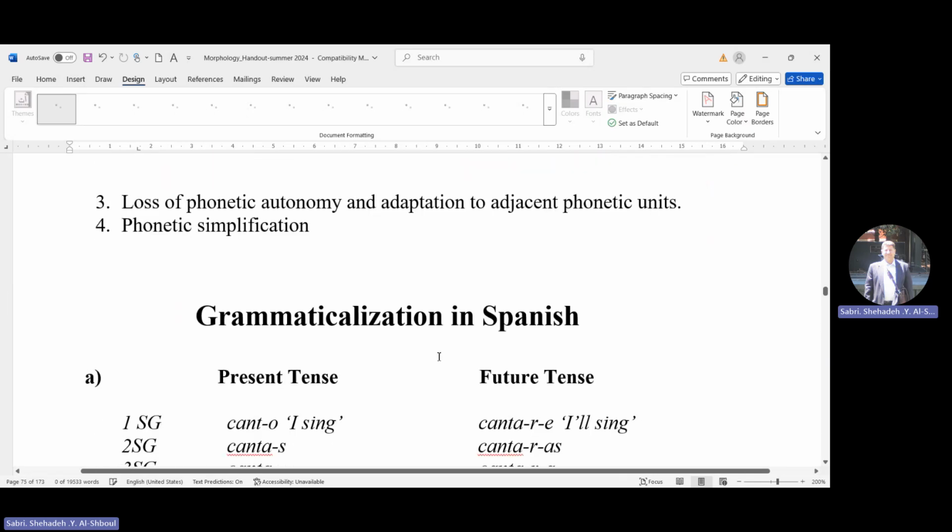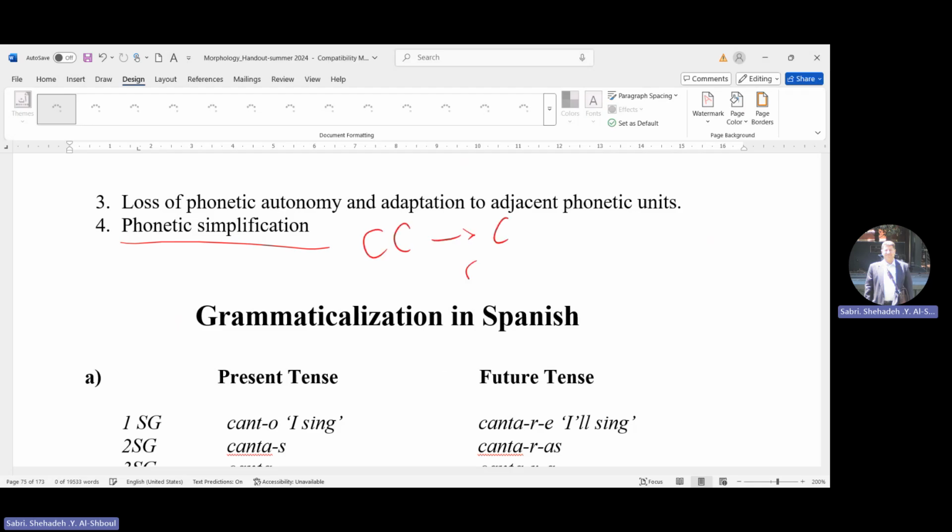Sometimes loss of phonetic autonomy and adaptation to adjacent units, or it can be a kind of simplification of the phonemes. I mean, simplification, maybe CC becomes one C, or CCC becomes CC or one C. I mean, consonant clusters are simplified.